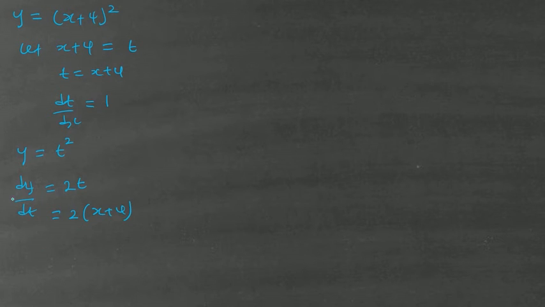So when we substitute in our formula, the chain rule says that dy/dx is equal to dy/dt times dt/dx.